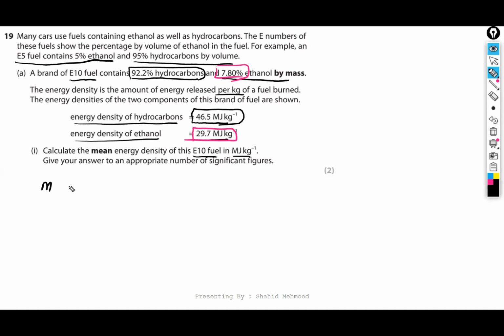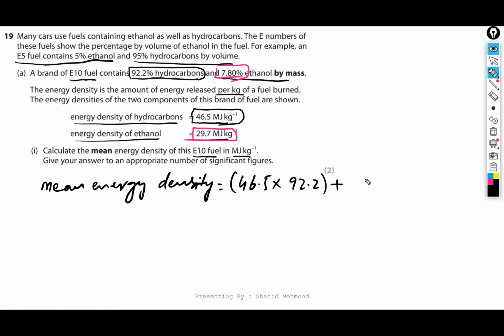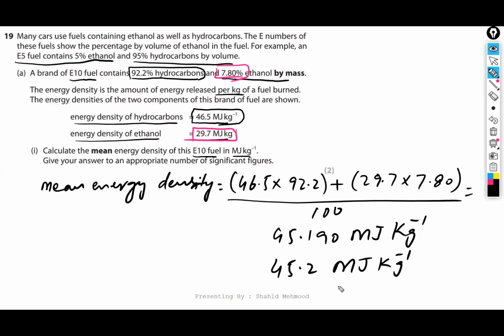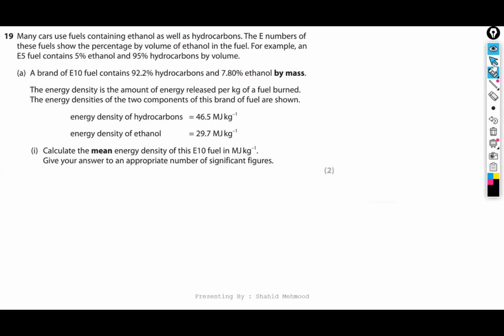The mean energy density is equal to 46.5 times 92.2 plus 29.7 times 7.80, divided by their percentage total, which is 100, and we get 45.190 megajoule per kilogram. Rounded to three significant figures, it is 45.2 megajoule per kilogram. So this is the answer.